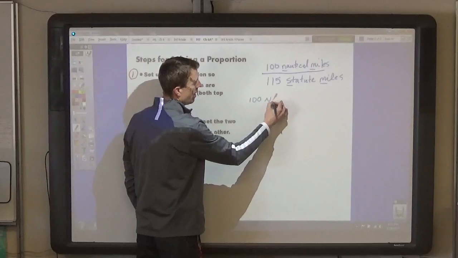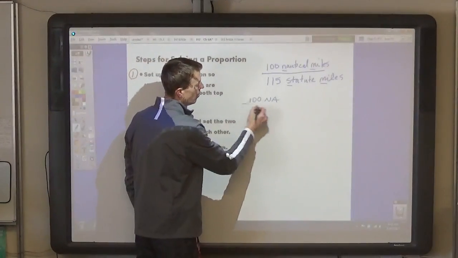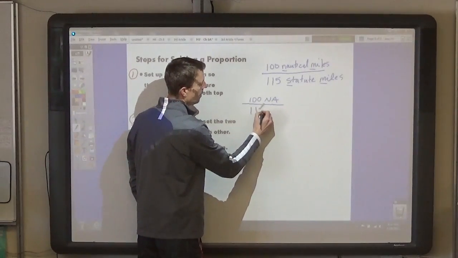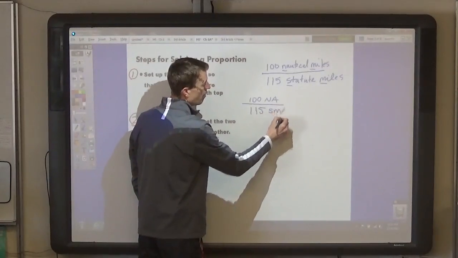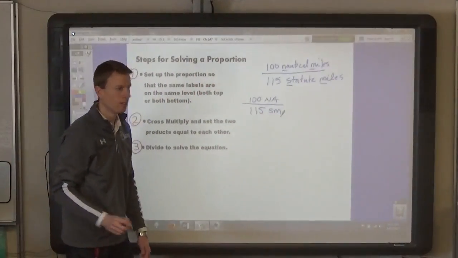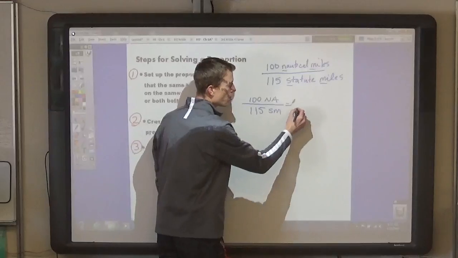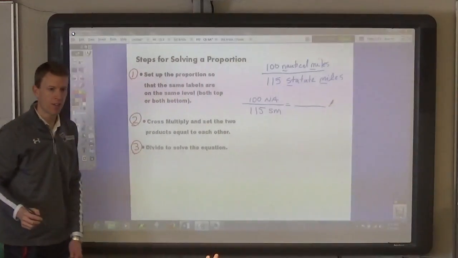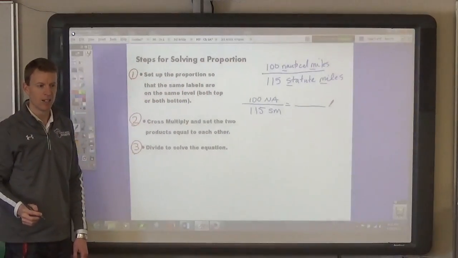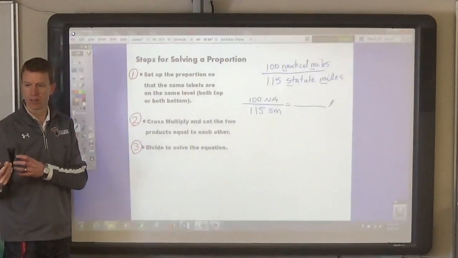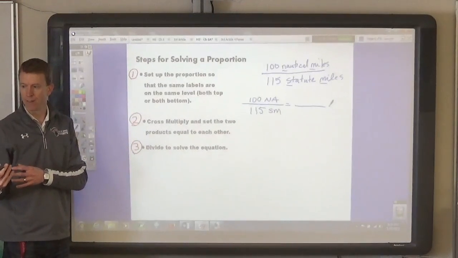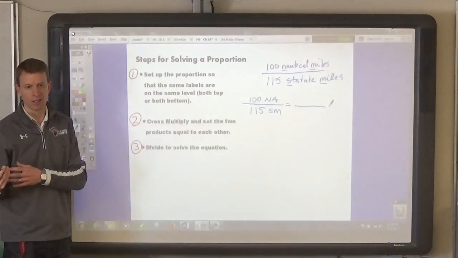100 NM over 115 standard miles. And then to write a proportion, we have to write another ratio. We're given one of the numbers, 156 nautical miles.